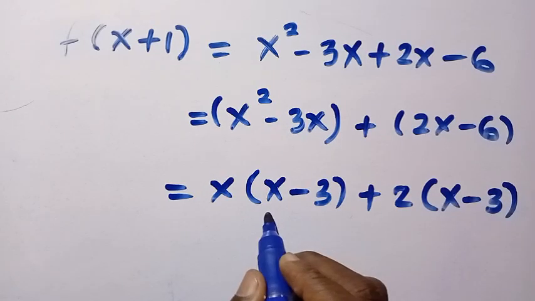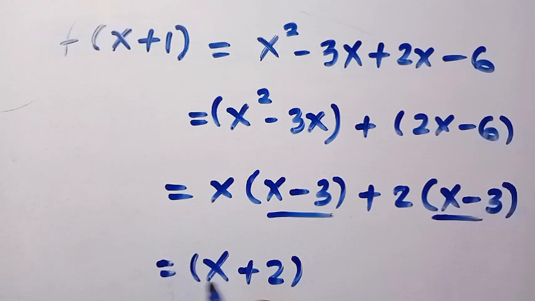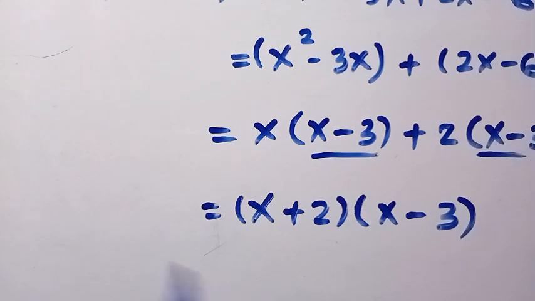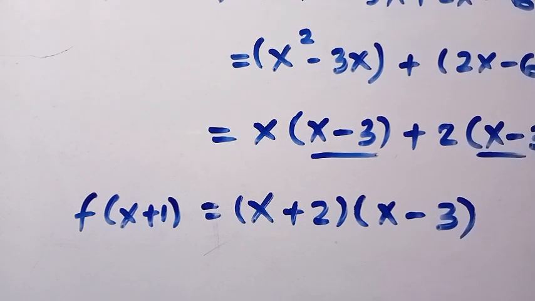Looking at this, we have x minus 3 and x minus 3. Combining the coefficients, x and plus 2, and taking x minus 3, these are the two factors of the quadratic we were given.